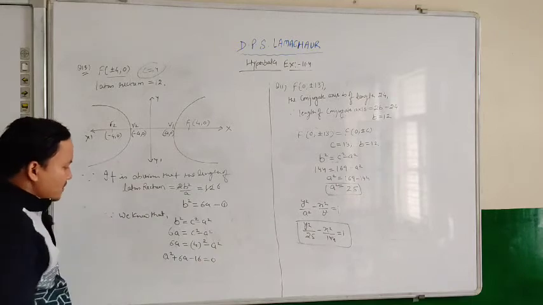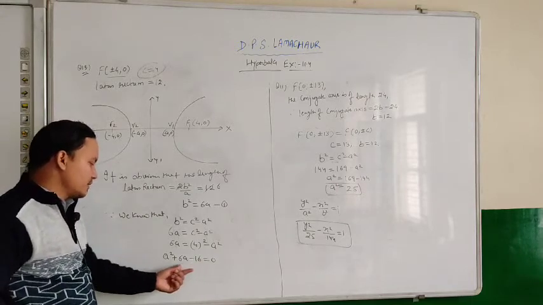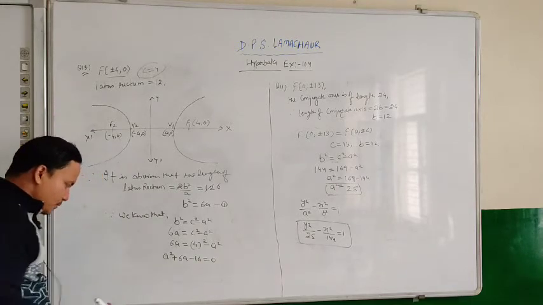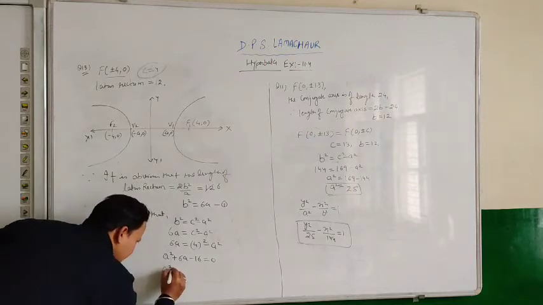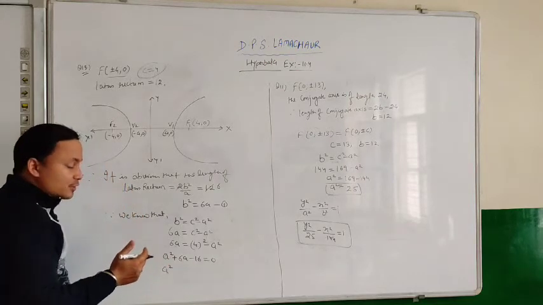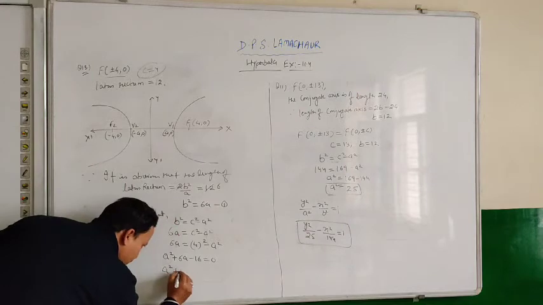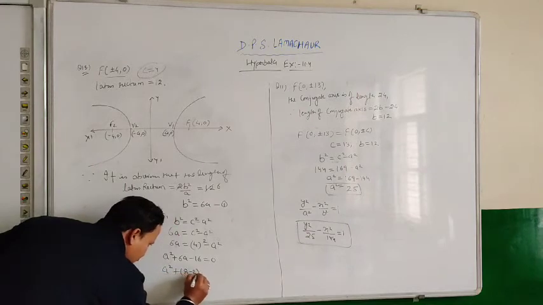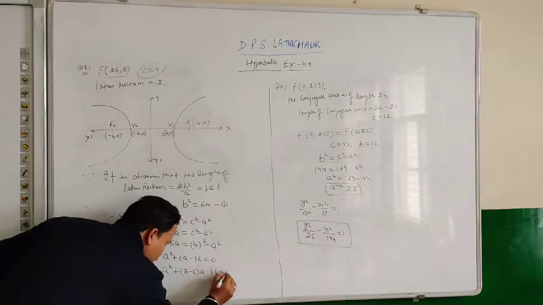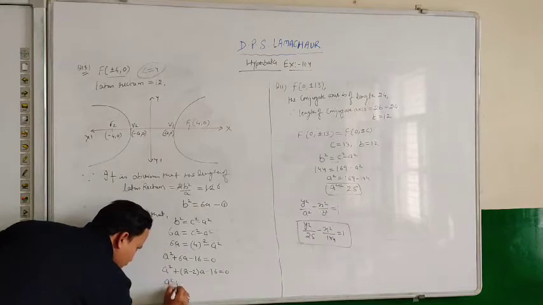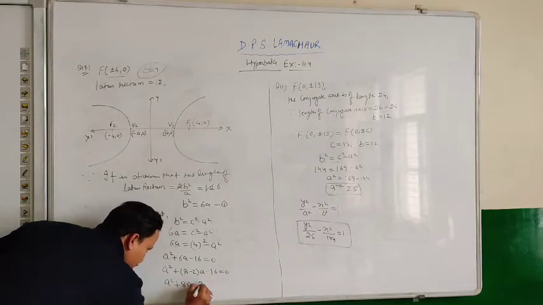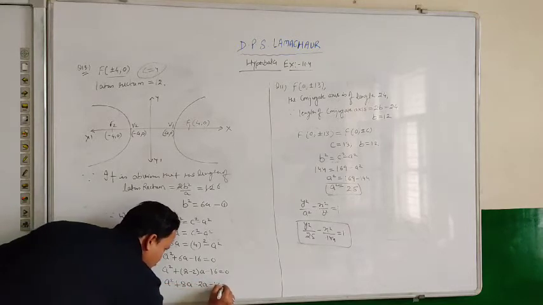Now using the factorization method we have to factor this quadratic equation. So we can break it like 8 minus 2 times a minus 16 is equal to 0. a square plus 8a minus 2a minus 16 is equal to 0.